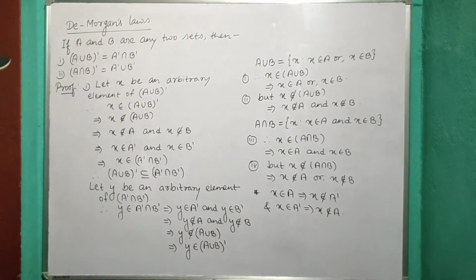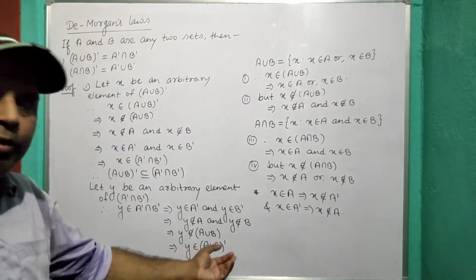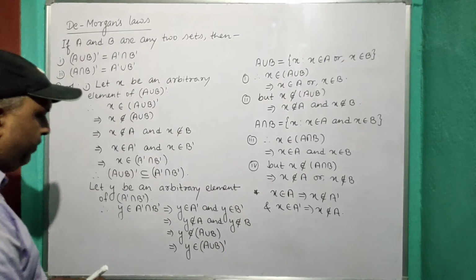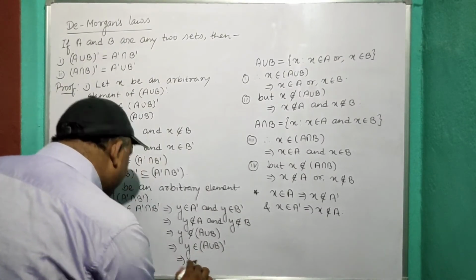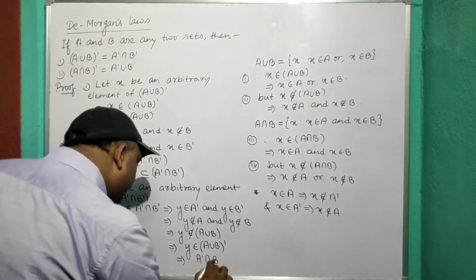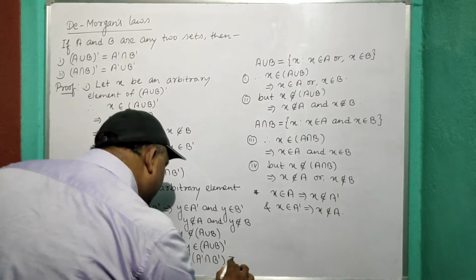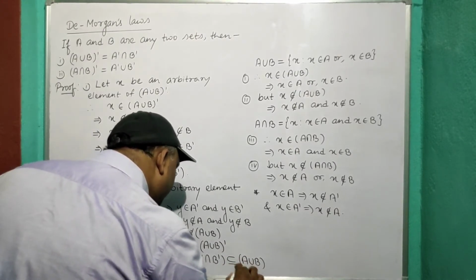Okay. तो अगर A union B को बिलोंग नहीं कर रहा है मीन्स ऑब्वियसली y किसको बिलोंग कर रहा है? (A union B) dash को बिलोंग कर रहा है. And from this we can say that A dash intersection B dash is a subset of (A union B) whole dash.